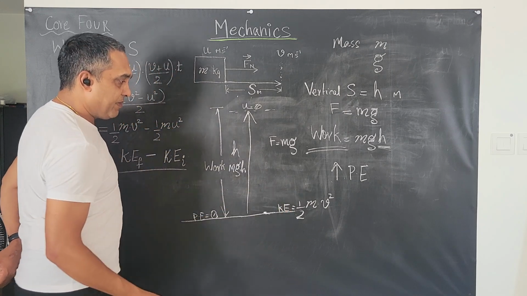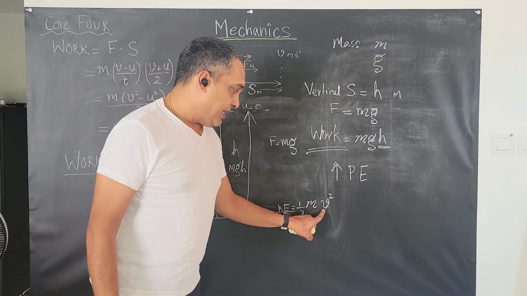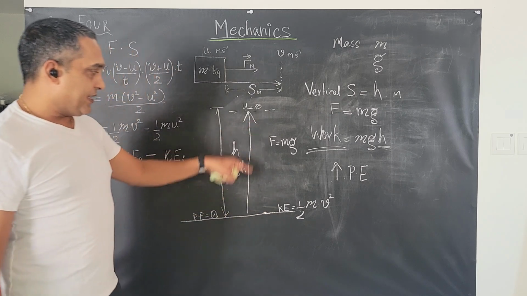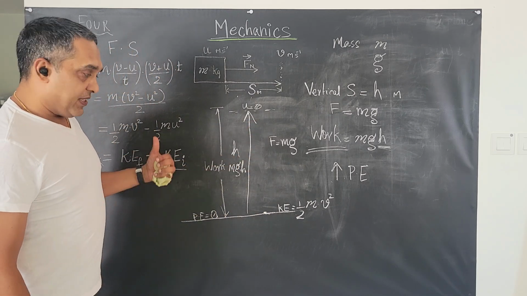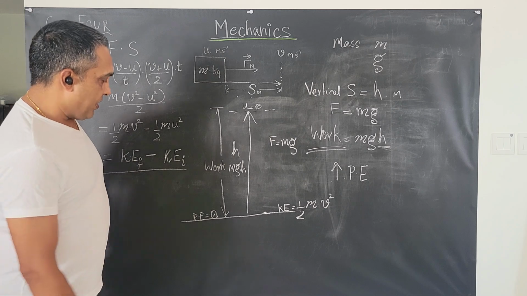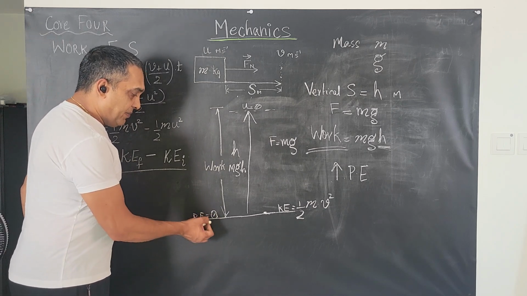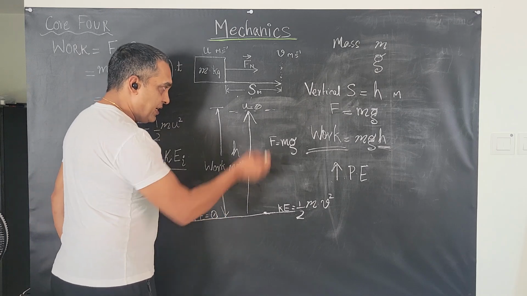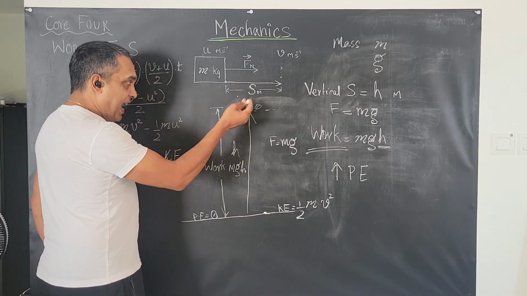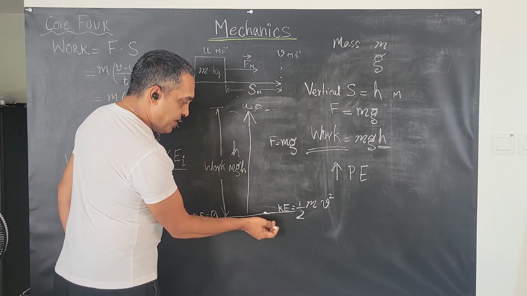That was the maximum kinetic energy. And obviously you can calculate the final velocity very easily when you have the distance. We've seen that in the previous example. But what I want to illustrate here is that work was done, increasing its potential energy. When it came down, it was that potential energy that got converted to kinetic energy.